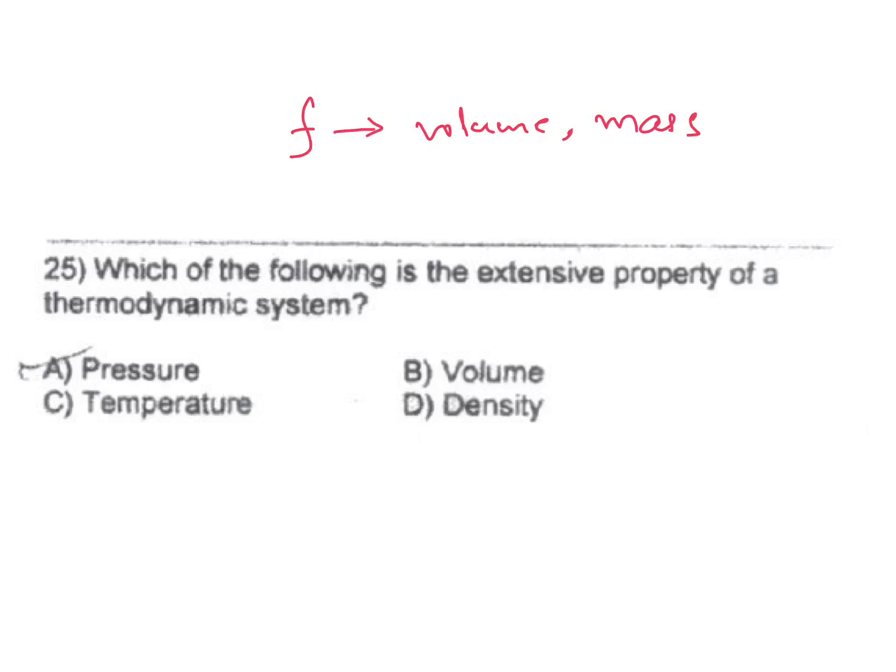So they are called as extensive property. Depend on volume or mass. So from options, pressure is an intensive property, temperature also intensive property, density also intensive property. B is the answer.